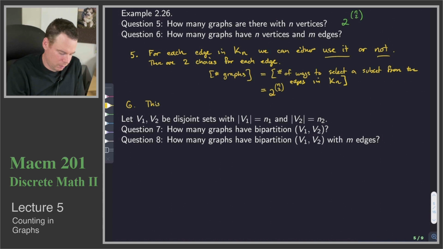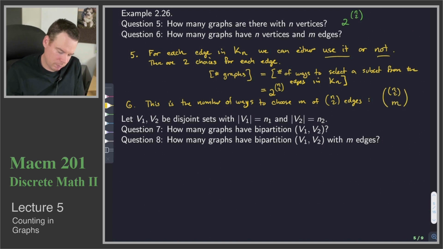So this is the number of ways to choose m of n choose 2 edges, because that's how many edges there are in the complete graph. And how many ways are there to choose m of n choose 2 edges? Well, from our collection of n choose 2 edges, we want to choose m of them. And so that's how many graphs there are. So there are n choose 2 choose m. All right, how about the next question?